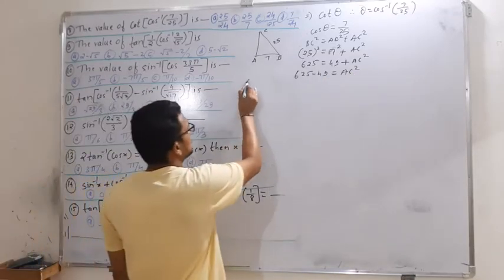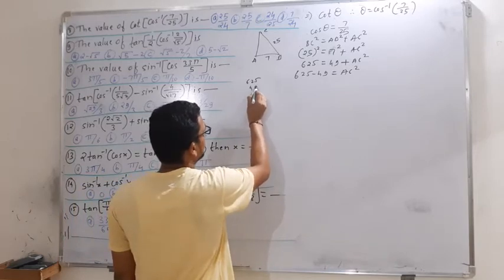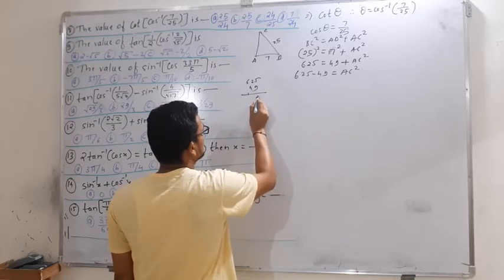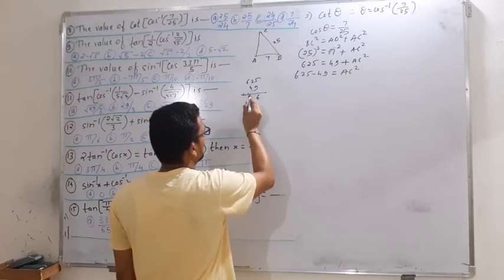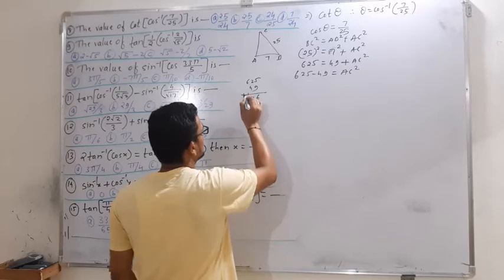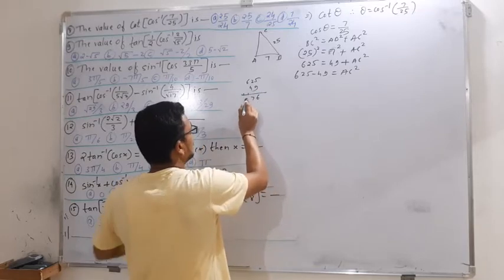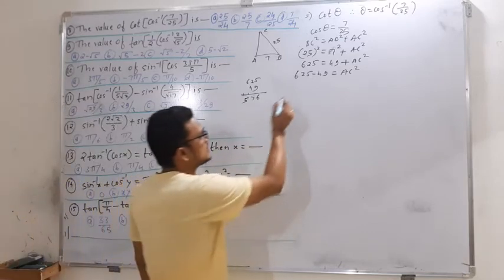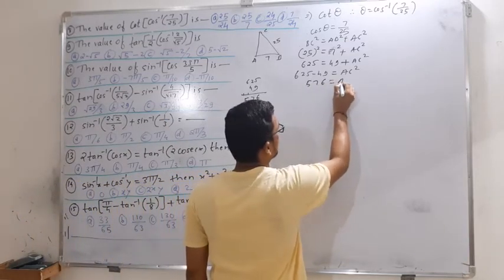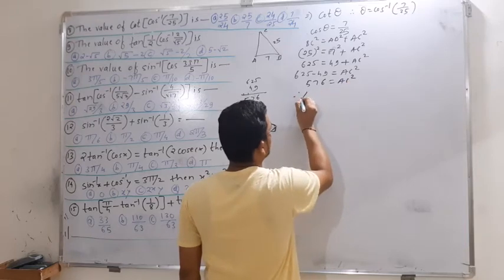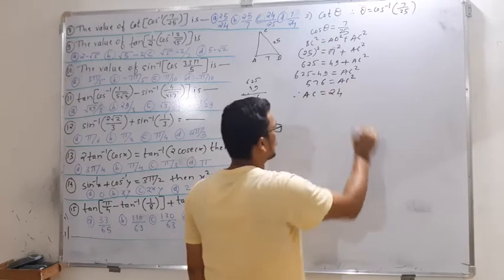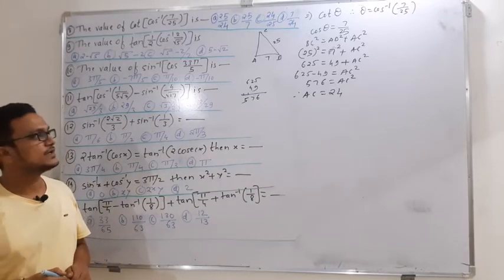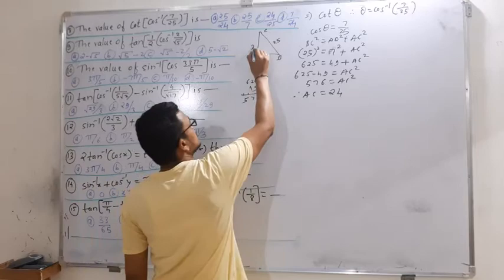The subtraction of 625 and 49 is 576. So 576 is equal to AC square. Then AC is 24, since 24 square is 576. So this AC is 24.